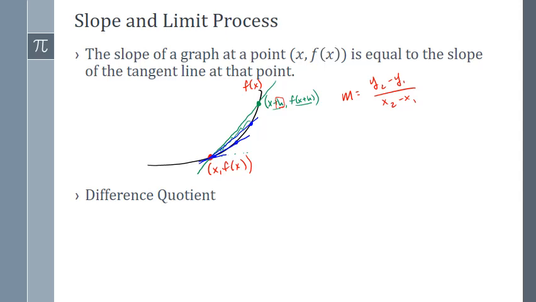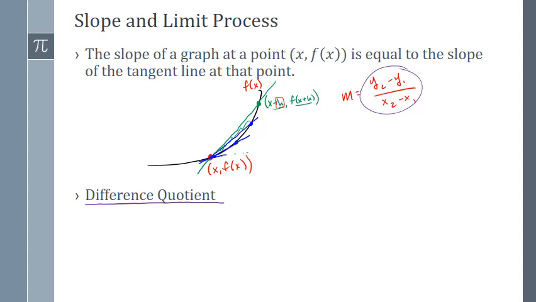Well, that whole process sounds a lot like finding the limit of a function. Remember we said a limit of the function was what happens as our graph gets really, really close to some value. And it turns out that we can use this difference quotient along with our idea of slope to find the slope of the tangent line. So if we take the 2 points that we have, let's plug them into this formula right here.